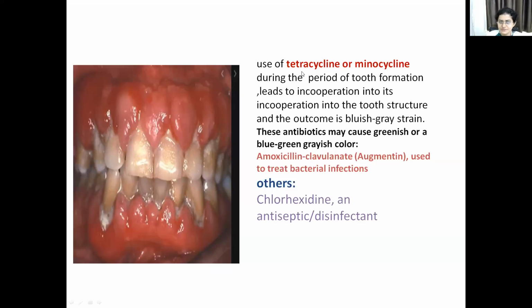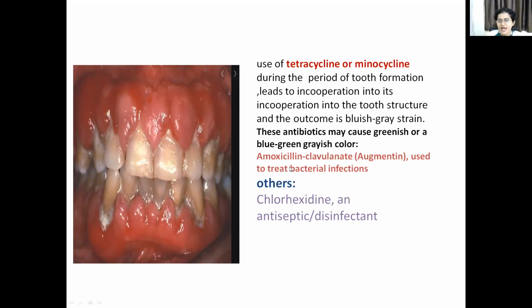The most common drug that causes this is tetracycline or minocycline, which are broad spectrum antibiotics. Use of tetracycline or minocycline during the period of tooth formation leads to incorporation into the tooth structure, and then the outcome will be a bluish gray stain. What other antibiotics also cause this bluish grayish color?